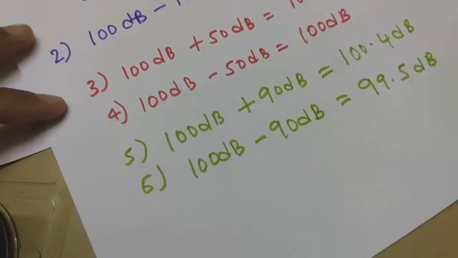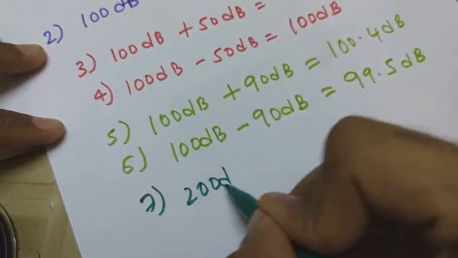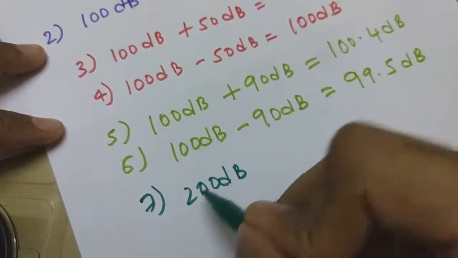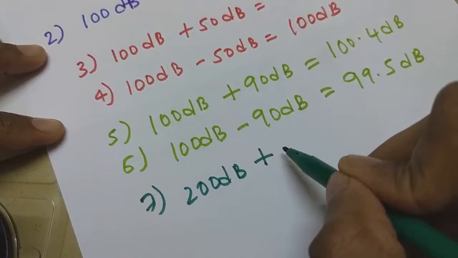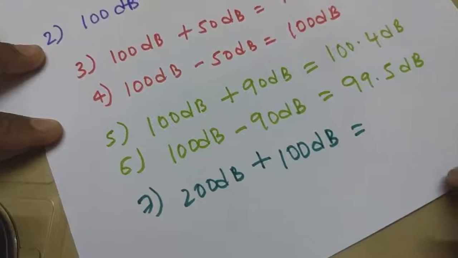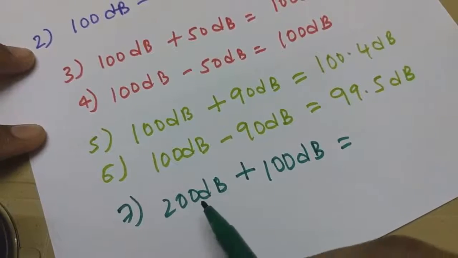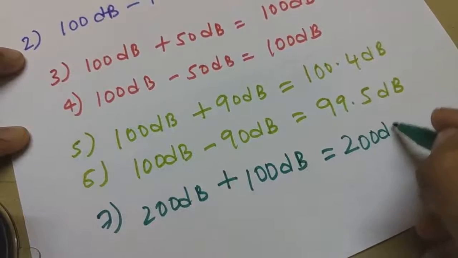The final calculations are like, let's say you have a 200 dB noise source, like a rocket launch, and then let's say you have a rock concert going on near the rocket launch, so like 100 dB. These values are going to add up logarithmically, and the end result is still 200 dB.